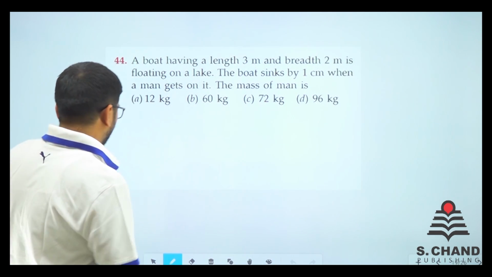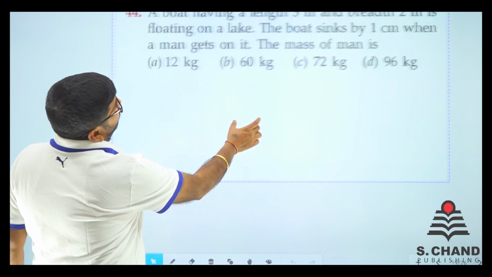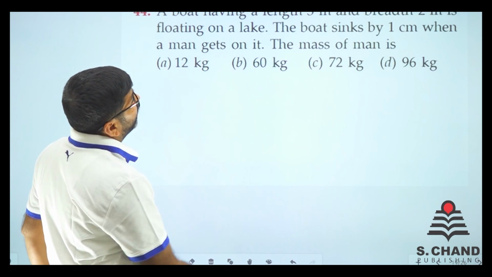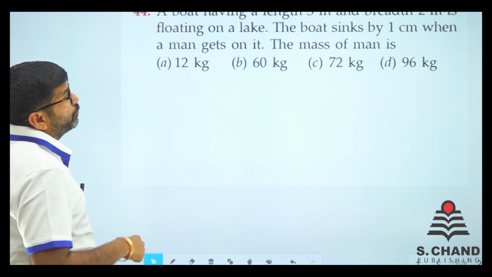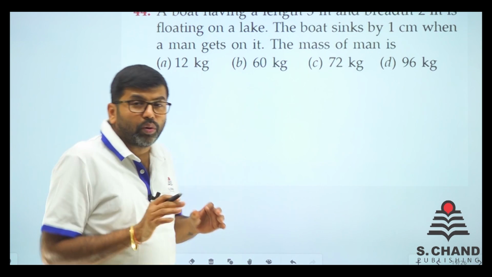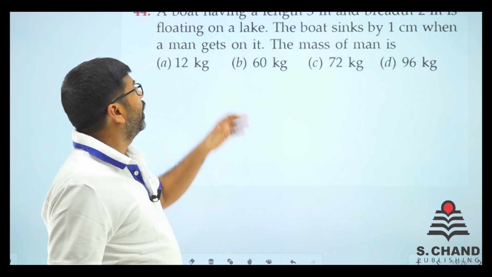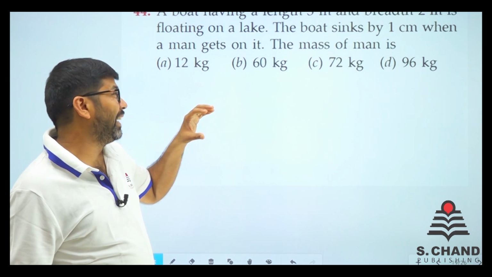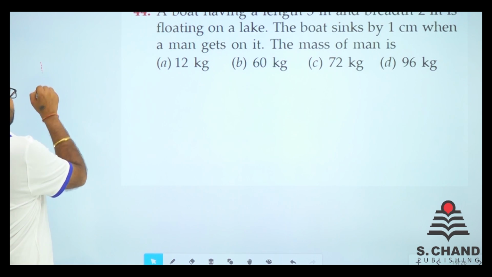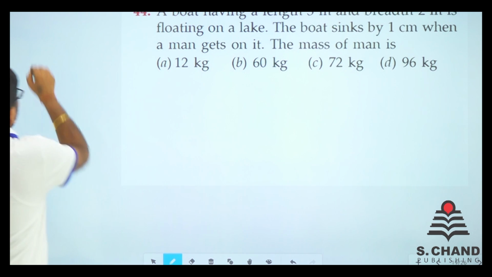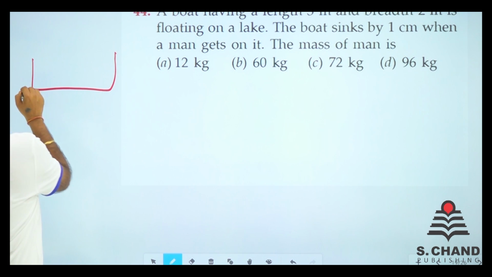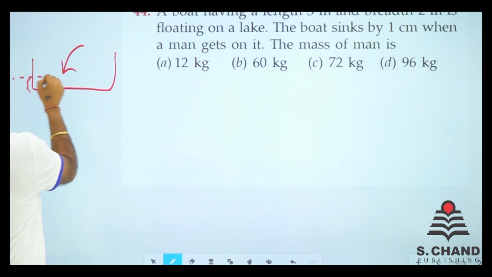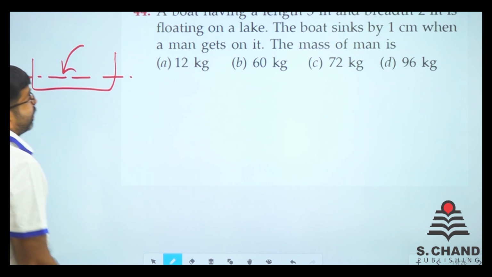Here we go. Question number 44, a totally different question. A boat having a length of 3 meter and a breadth of 2 meter is floating on the lake. So a boat is floating, right? The boat sinks by 1 centimeter. So if there is a boat like this, and when a person sits inside, it sinks, like water comes up to this height.